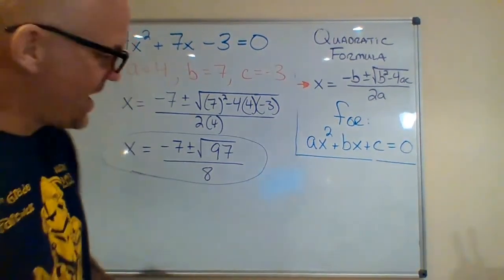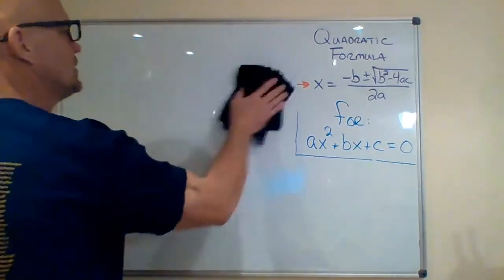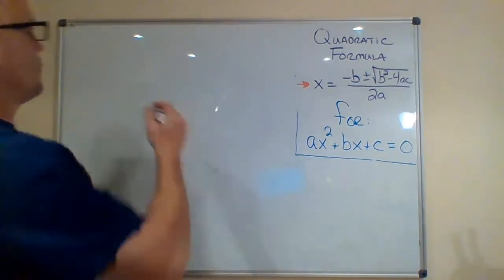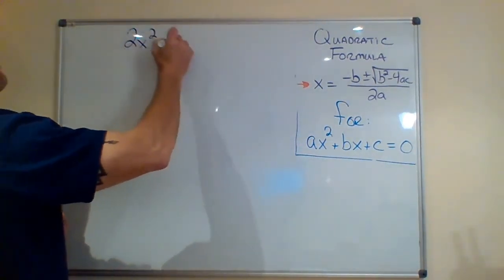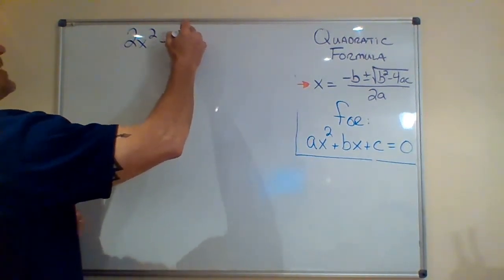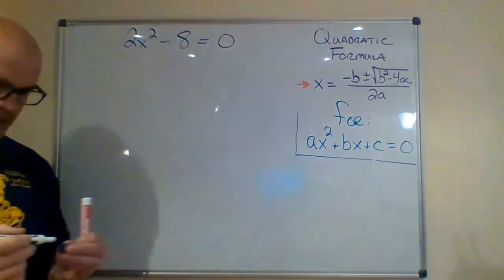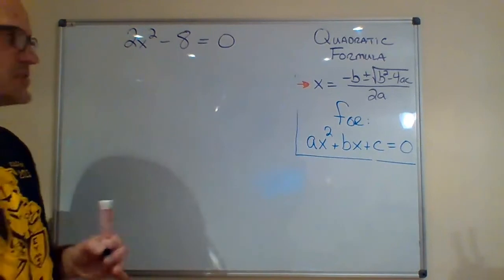Let's try this. I want to show you that this can work for any quadratic. So let's take something like 2x squared minus 8 equals 0. Now, what you could do is solve this with perfect squares.